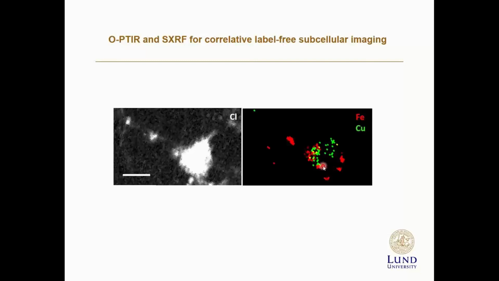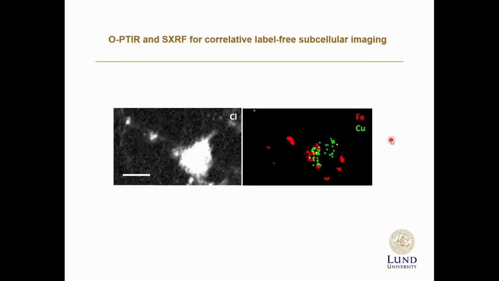In previous experiments, we compared wild-type neurons and neurons that were used as models for Alzheimer's disease. And what was interesting, we observed that only in neurons that are models of Alzheimer's disease, we could observe that clustering of iron. However, we cannot see any difference in copper.